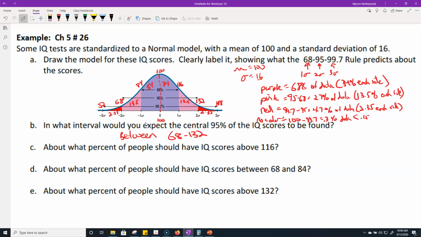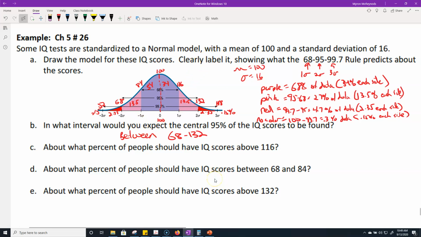So 0.15% on each side. So after the 3 standard deviations is 0.15% of all data. So I figured out all my shadings by doing a little math there.